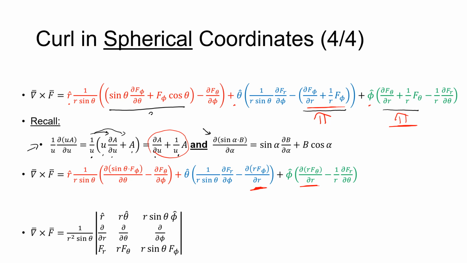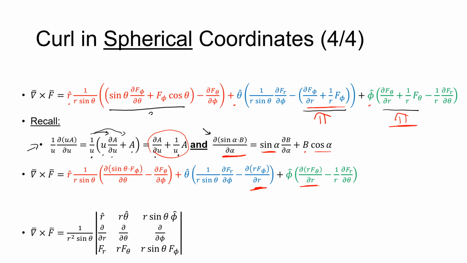The second recall is about sine alpha. If we have this arrangement, meaning partial by partial alpha of the function sine alpha multiplied by some function p, which is also a function of alpha, then this will result in sine alpha, keeping it undifferentiated, then differentiating the second function, partial p by partial alpha, then p, and differentiating sine alpha by partial alpha, which will bring you cosine alpha.